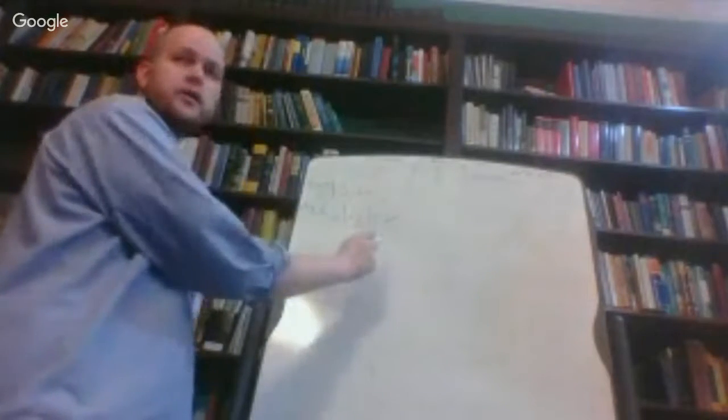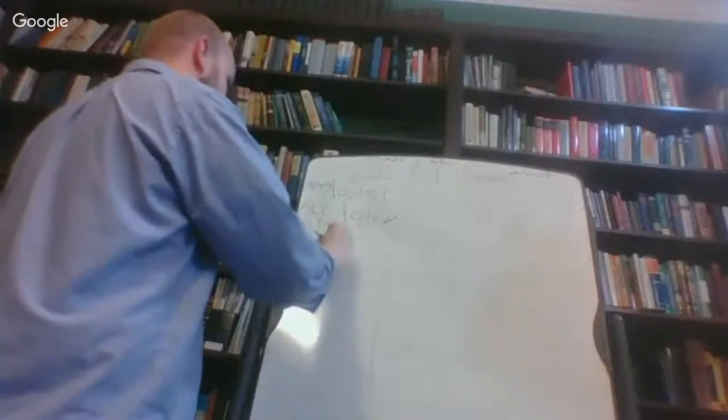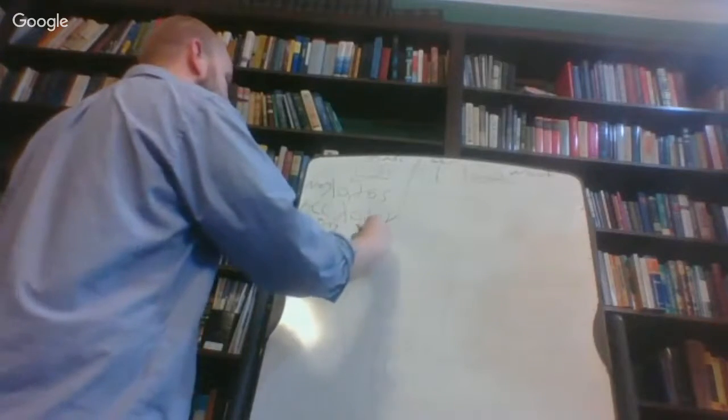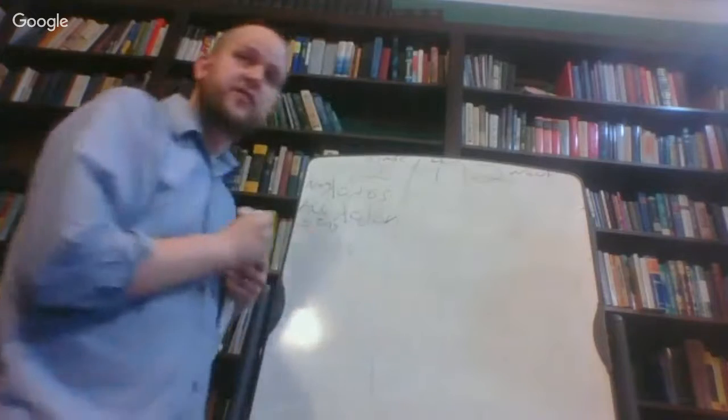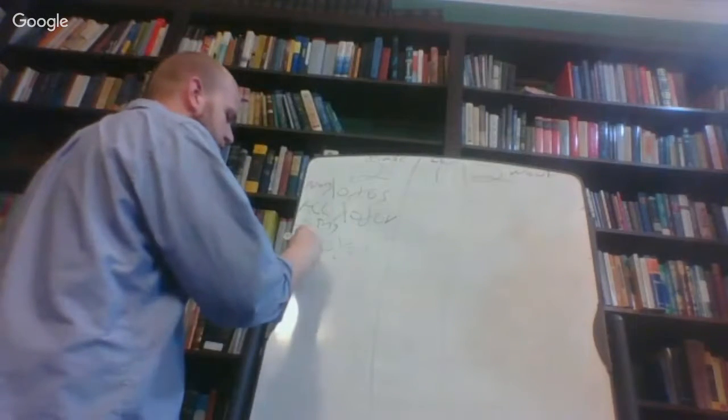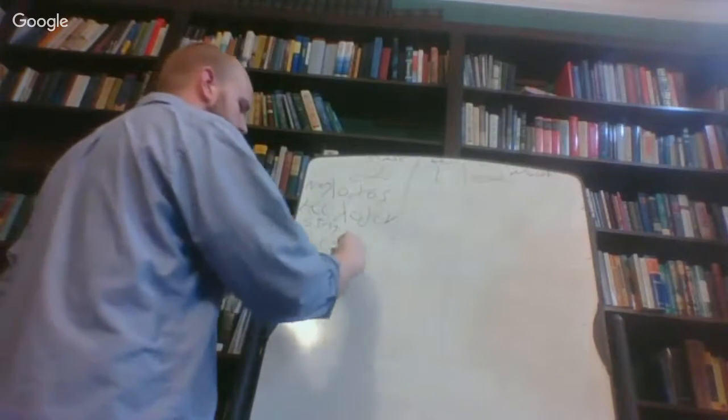But we're going to see logos declines to logon. I'm going to just draw a line here. So this is singular. I'm going to draw the plural down here. So you see something that's happening here, right, Tobin? These are the cases. Things are changing in this word.